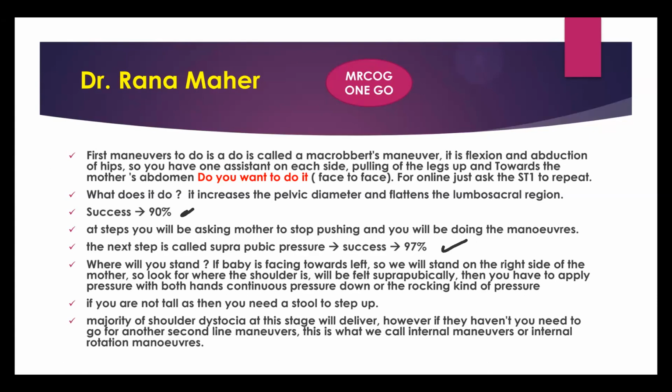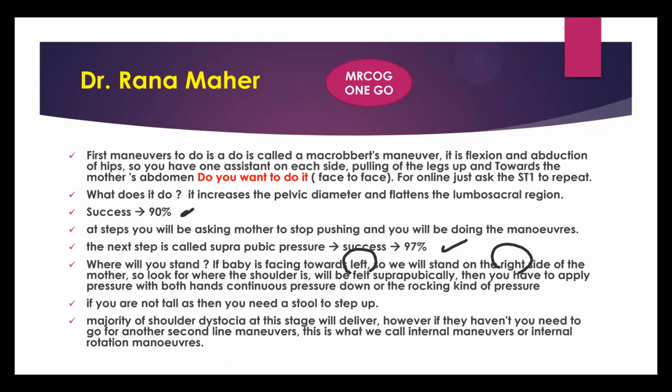And in the suprapubic pressure, where will the assistant stand? Okay, the assistant will stand against the face of the baby. So if the face of the baby is towards the left side, the assistant will stand on the right side. Okay, so now the assistant is at the side of the shoulders.